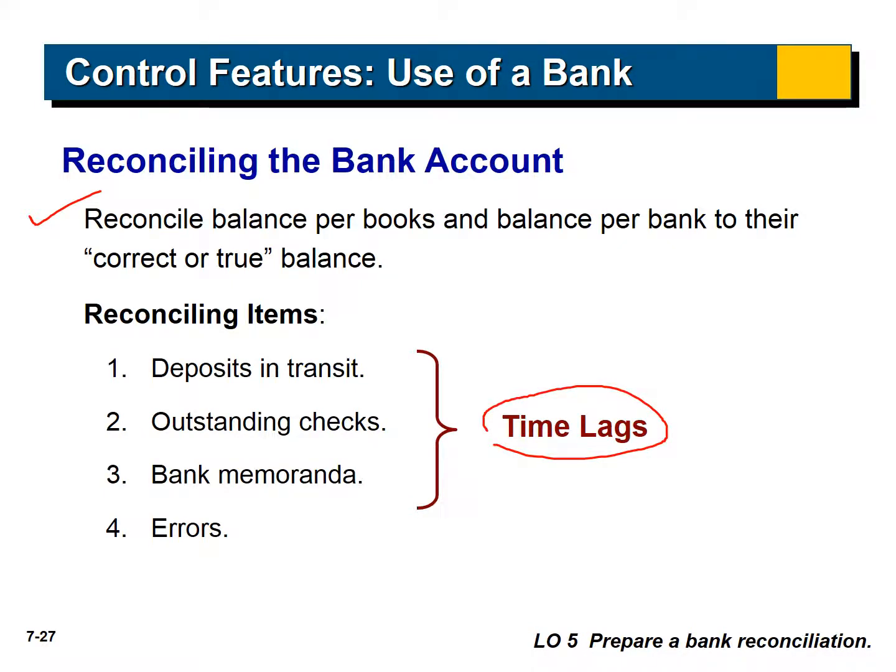A deposit in transit is when you make a deposit that has not yet cleared your bank statement. An outstanding check is when you write a check but it has not cleared, maybe because the vendor hasn't deposited it. A bank memorandum is, for example, when they charge a service charge. And many times there are errors, either the bank made or your company made.